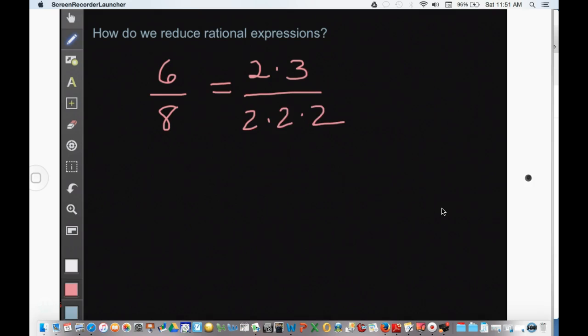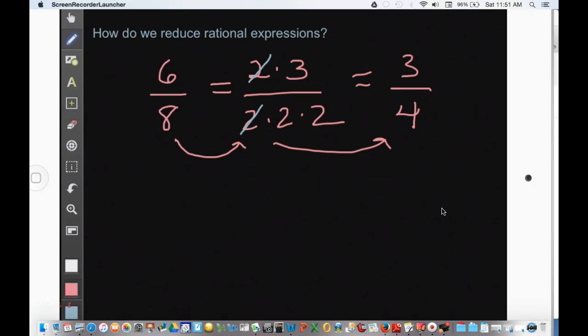When we cancel common factors, what we're really doing is dividing the numerator and the denominator by the same thing. So in this case, I'm dividing top and bottom by that common factor of 2, and I'm left with 3 over 2 times 2, which is 4. So you can see clearly that when we reduce, we should first factor and then cancel common factors so that we have our reduced answer.